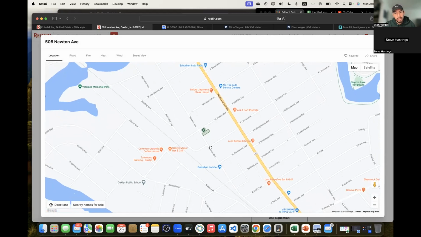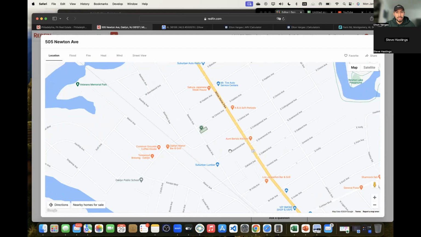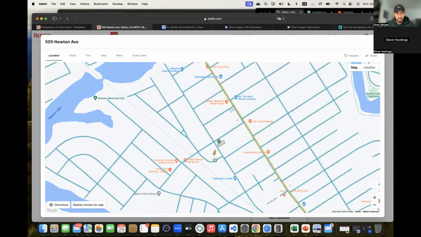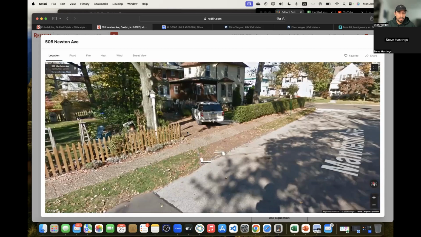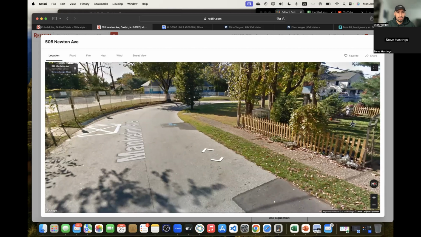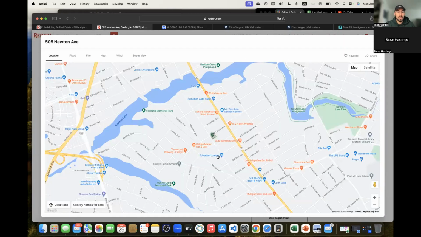The street over here, Newton Avenue, is kind of the main road for all of these other streets where other homeowners live. So it's just a pathway for that. And again, maybe that's how all the streets are set up over here. That's an alley. This looks like an exit away from here. But that's what I look for.